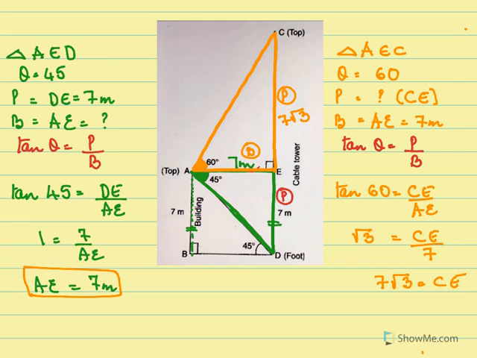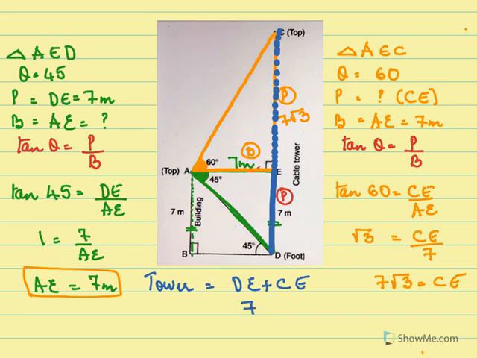We need to find the entire height of the tower. Now the height of the tower consists of DE and then CE. So let's write that. So height of tower equal to DE plus CE.